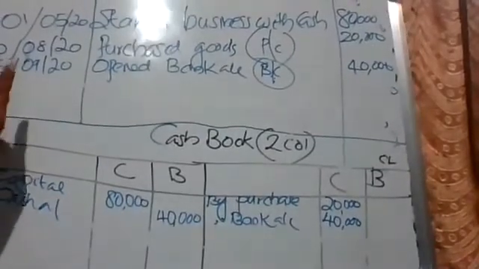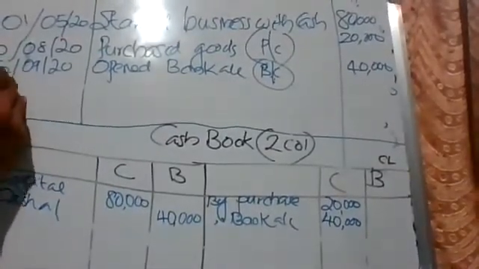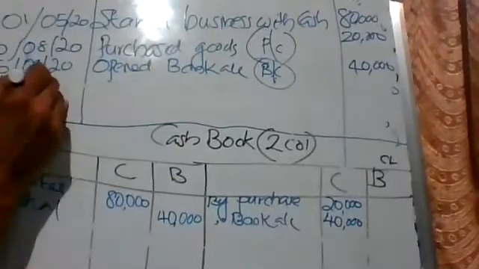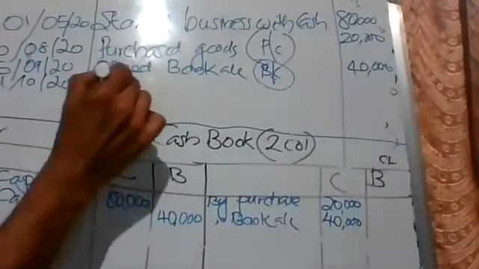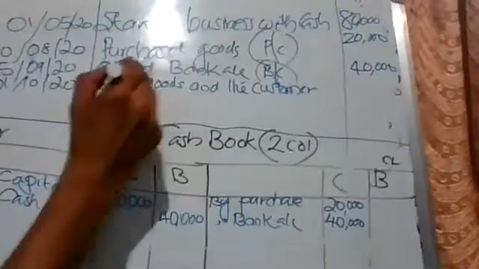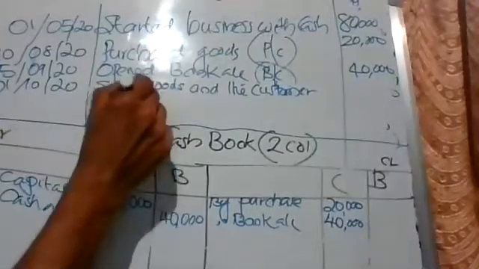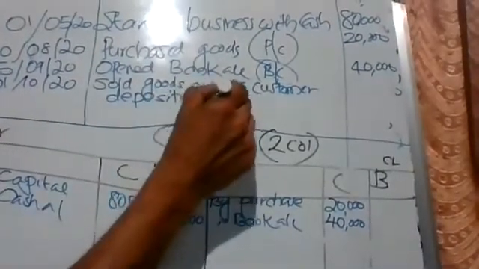Number 4. First October 2020. Sold goods and the customer deposited into bank.